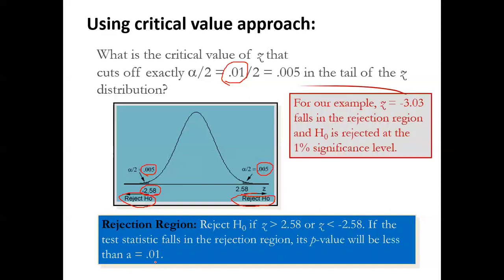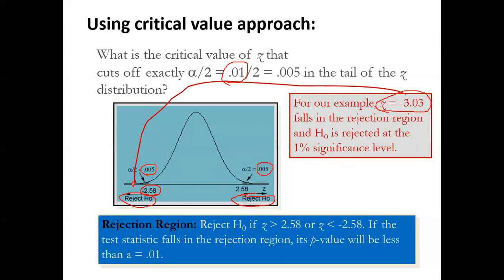So now, in the test statistic that we tested earlier in our previous slide, we get the Z value negative 3.03. So negative 3.03 is something around here if you see in the graph.